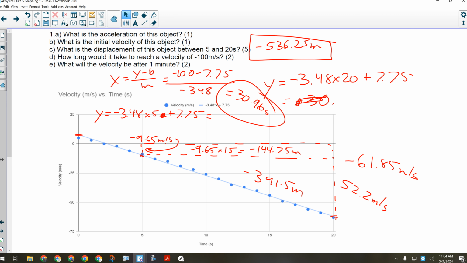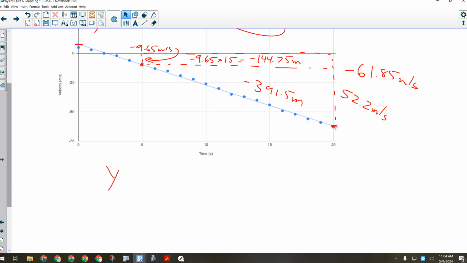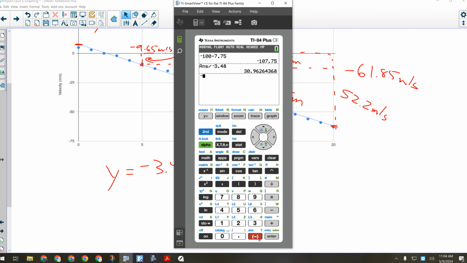What will the velocity be after 1 minute? Same trick. What do I convert the minutes to? Seconds. And I'm solving now for a y value. So y equals negative 3.48 times 60 seconds plus 7.75.